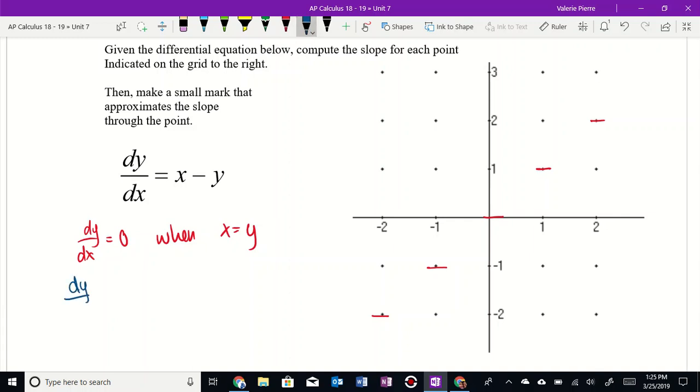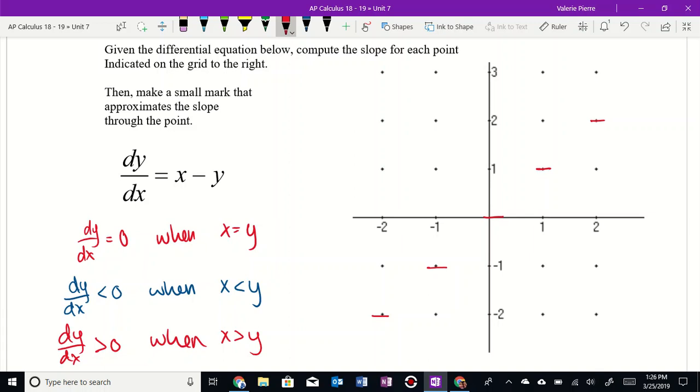Now we want to know when dy dx is less than 0, which is when x is less than y. And dy dx is greater than 0 when x is greater than y.